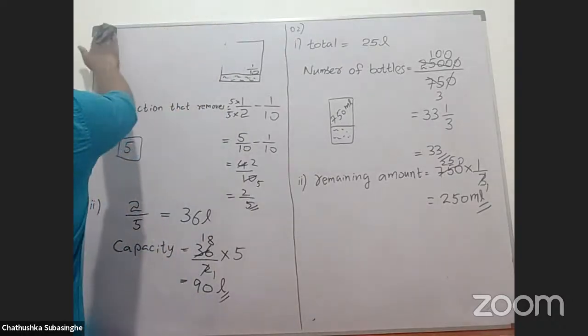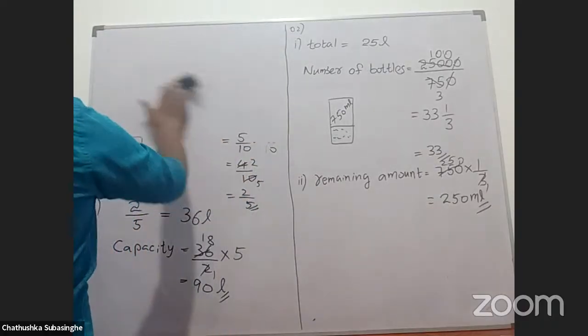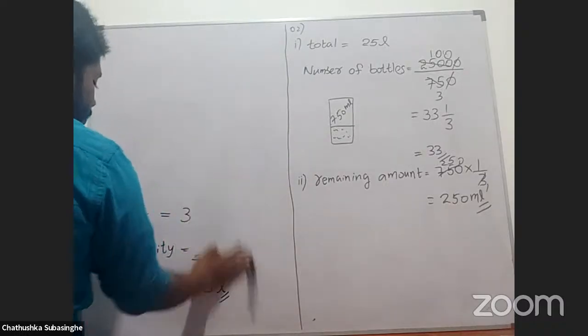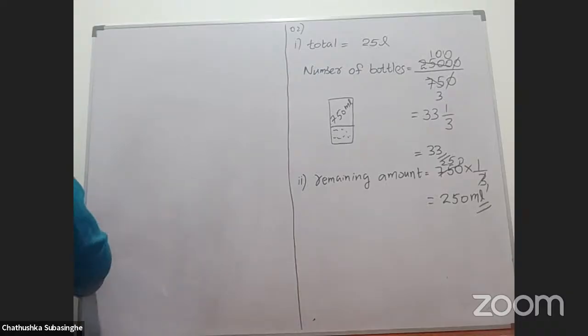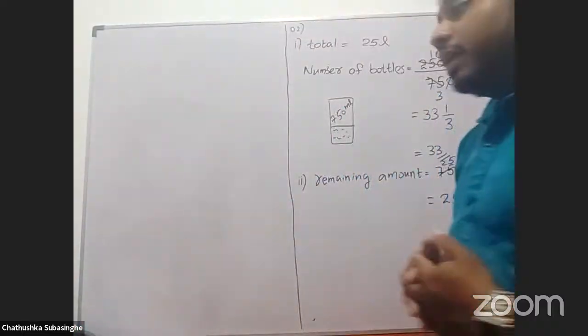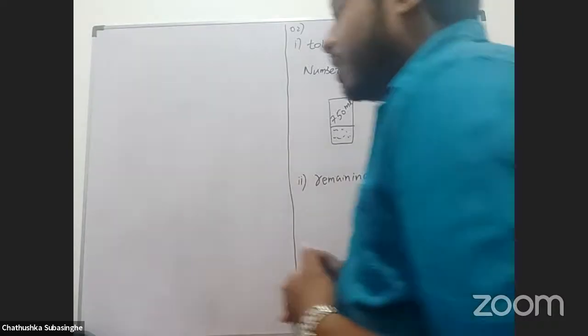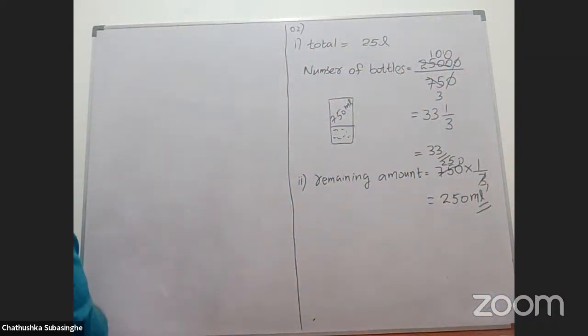So while I'm erasing the whiteboard, it says, in the given figure, the length of AB of the rectangle ABCD is 12 centimeters and the length of the diagonal DE is 13 centimeters.